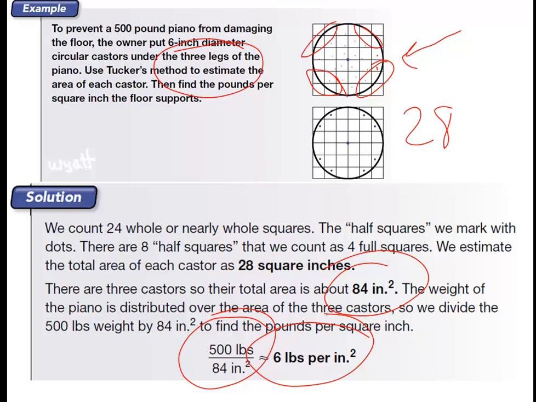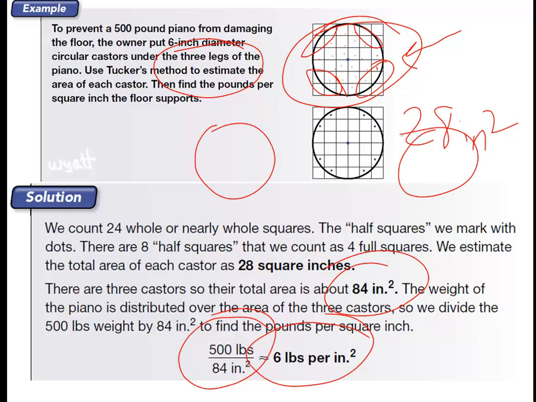I think most of us would stop at the 28 square inches and think that we had the answer, and that's not what the question asked. So it's very important that you read the question thoroughly and know what it's looking for, because we calculated that for 1 leg, but there's 3 legs on that piano, so we need to figure it out for 3, which was the 84 inches, and divide that into 500.